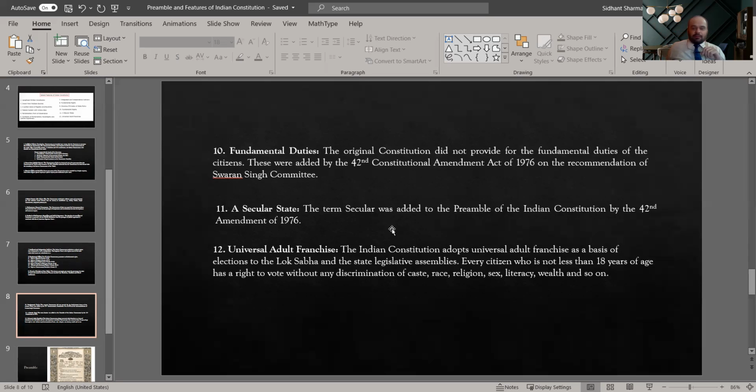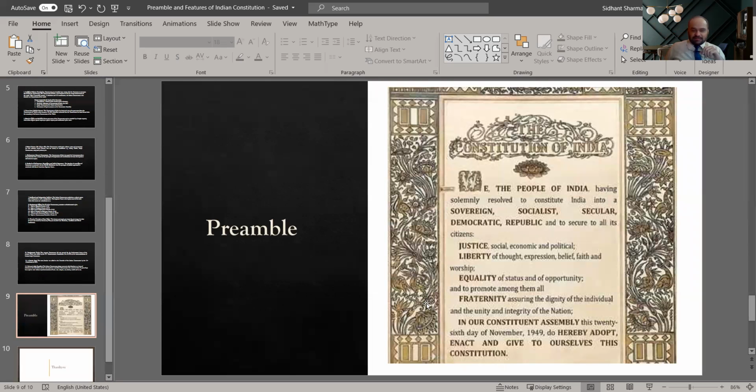Moving to the next slide, I will be providing a gist of the preamble, because these concepts are very crucial in understanding the whole document of the Constitution of India.